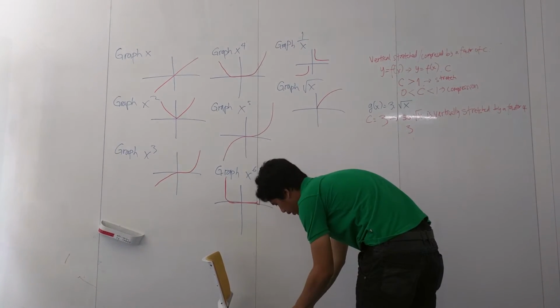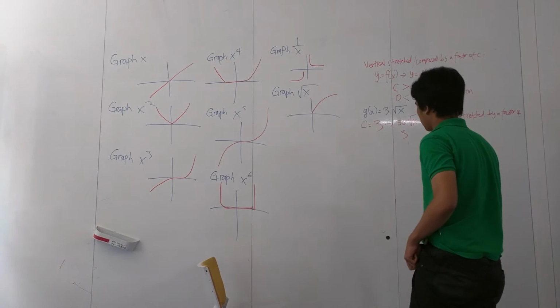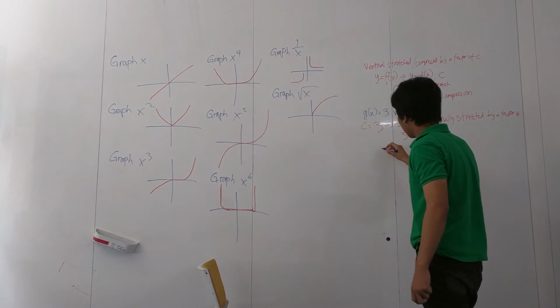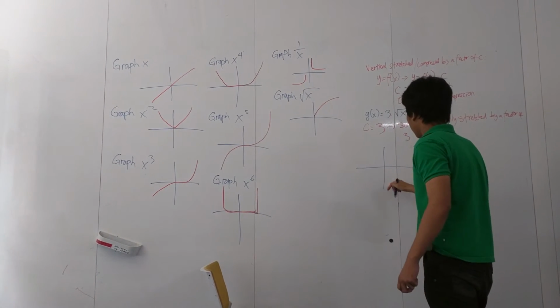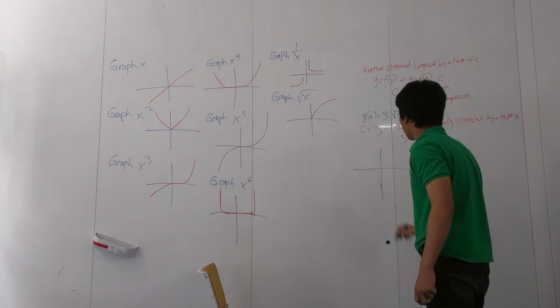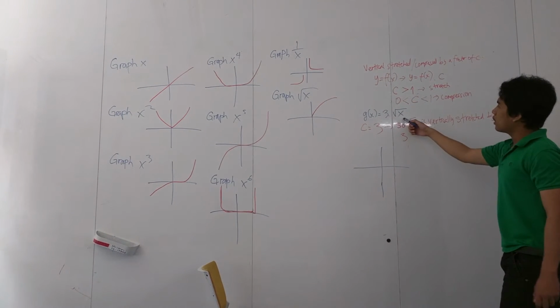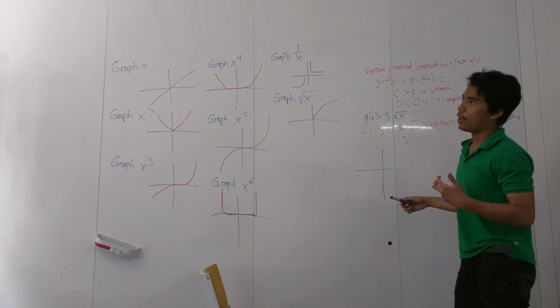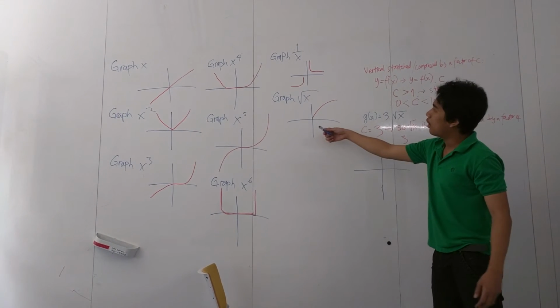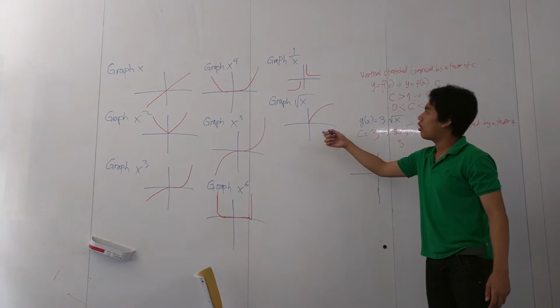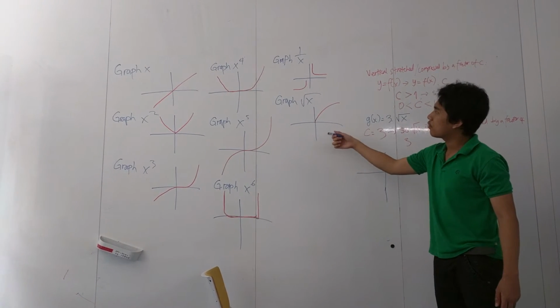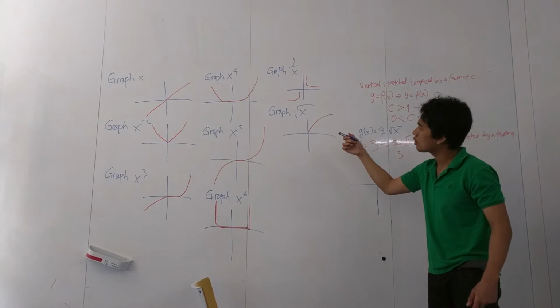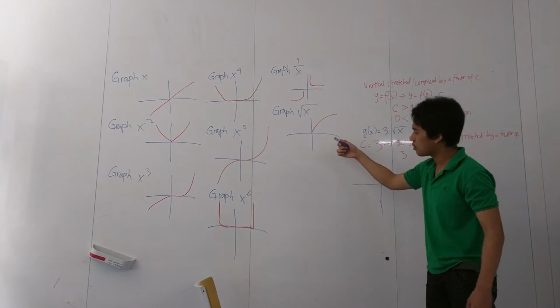The second thing we need to do is to draw the graph, but we should know which graph we must draw. We got the square root of x. As I have elaborated from the beginning, I have mentioned this graph.